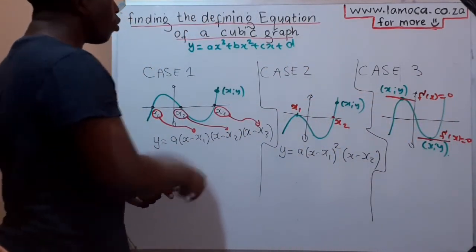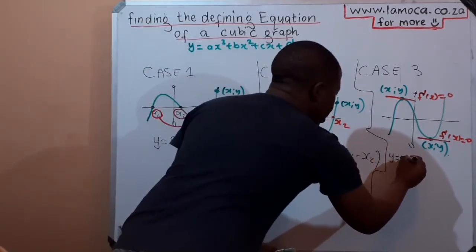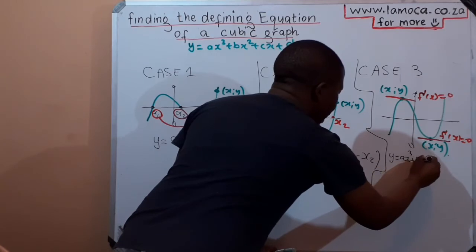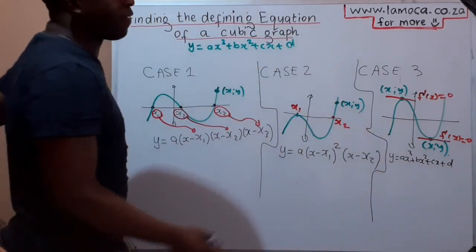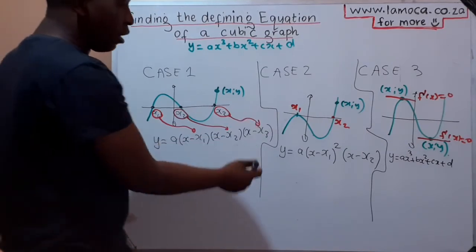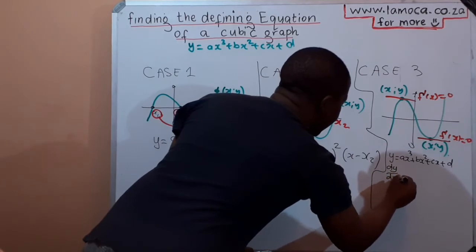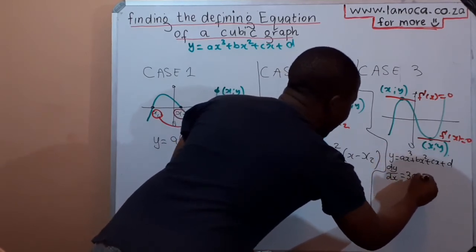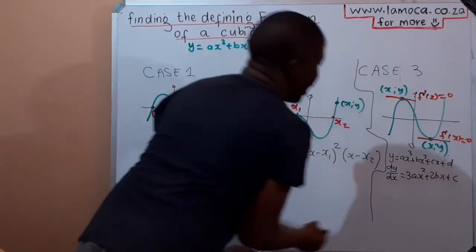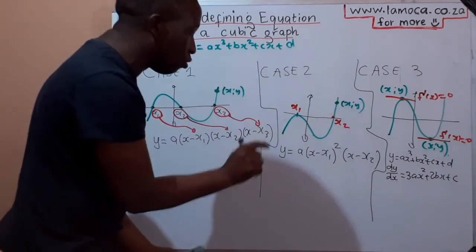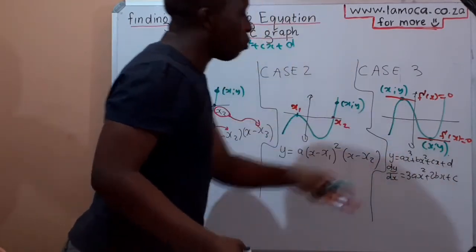So you will need to write it down as y equals ax cubed plus bx squared plus cx plus d, and then from there you find the derivative of that function, which means dy over dx is 3ax squared plus 2bx plus c, and that must be equated to 0 because this gradient or this derivative you're looking at here at the turning point is equal to 0.